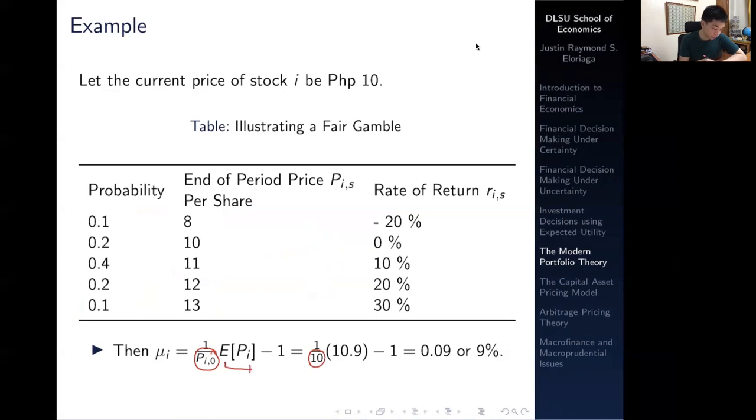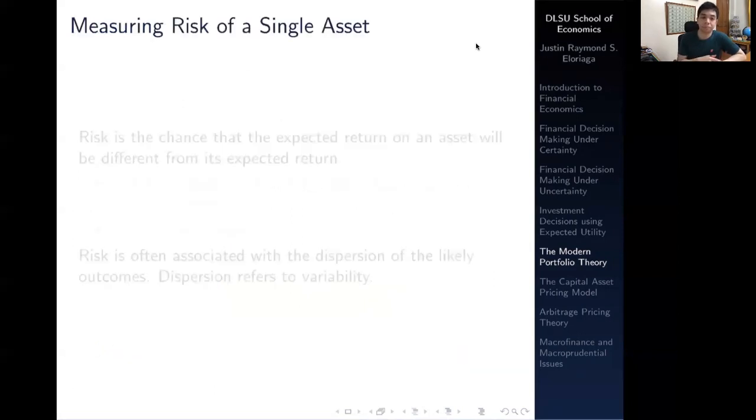So all you need to do is add these things up and then divide by 5, since we have 1, 2, 3, 4, 5. You get 10.9 minus 1, and you get 9%. So your expected rate of return is 9%. Okay, so that's our conclusion there.